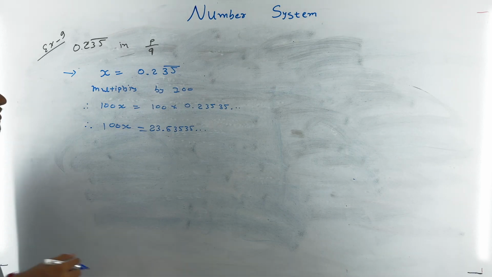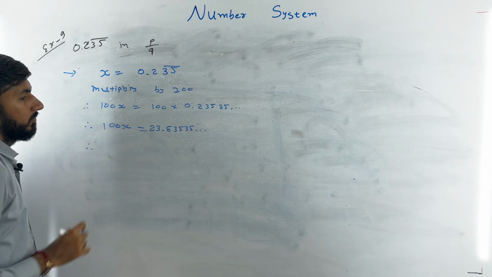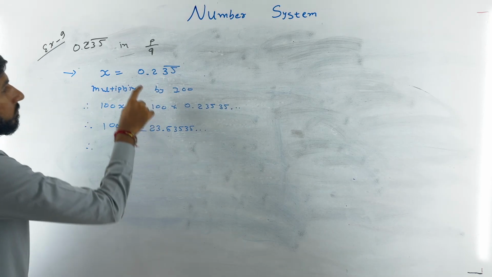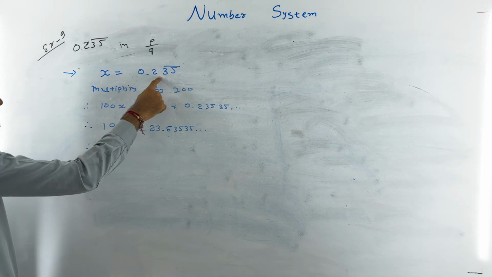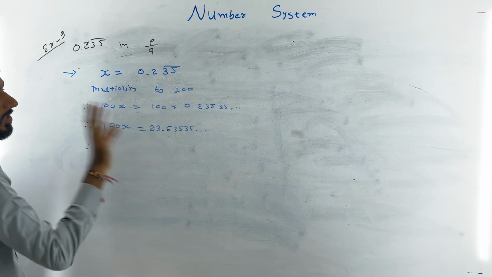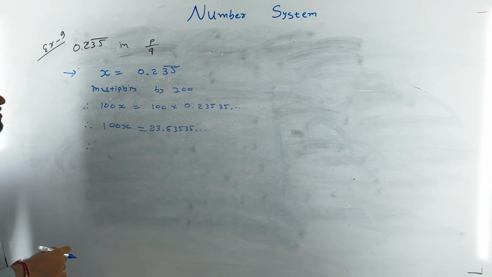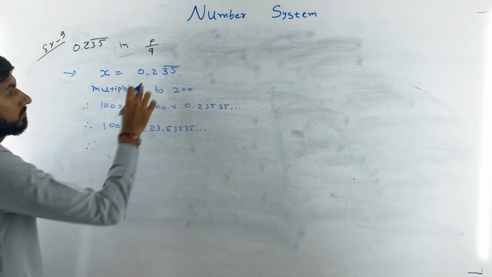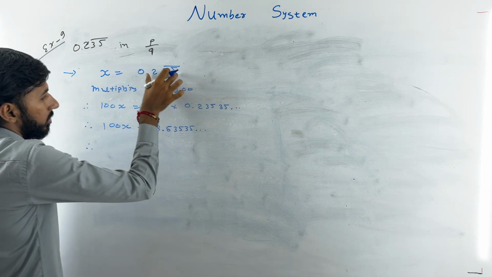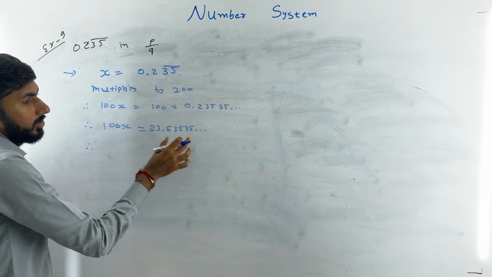Now our third step: we have to separate it in such a way that I get one part as x and another part remaining, such that the addition of those two will become 23.53535. To do this, you have to focus on the decimal places.